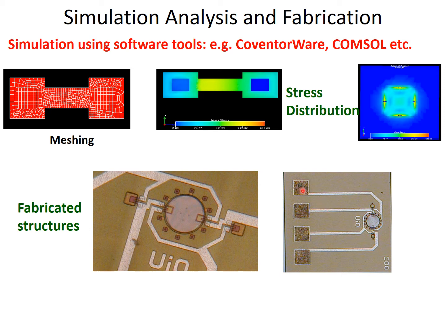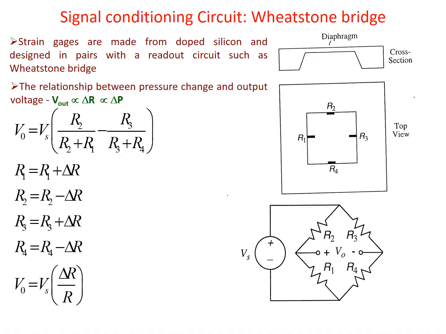And these are the bond pads, which will be connected to the Wheatstone bridge, right? So this is one terminal, this is another, this is another, this is another. So these correspond to the 4 terminals of the 4 strain gauges, and that can be directly connected to the Wheatstone bridge, right? So this is just to give you the idea about the simulation, analysis and fabrication, right?